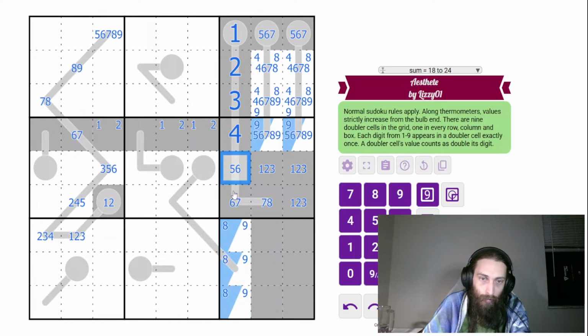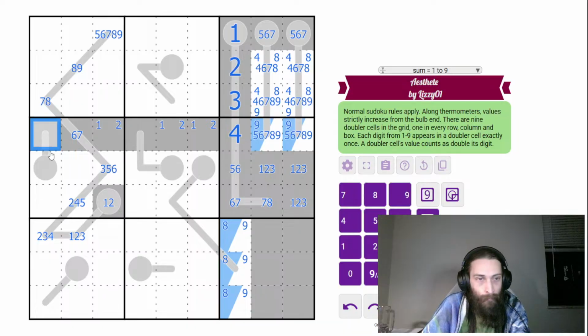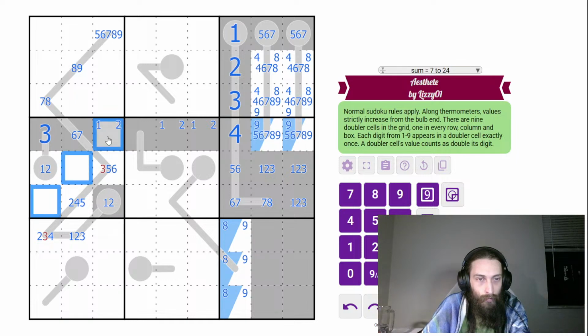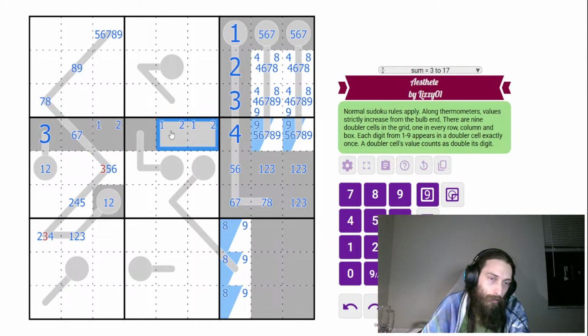And then it's the remainder of 5, 6, and 7. Right. If that's a 3, you get 1, 2. You end up with 1, 2 there.